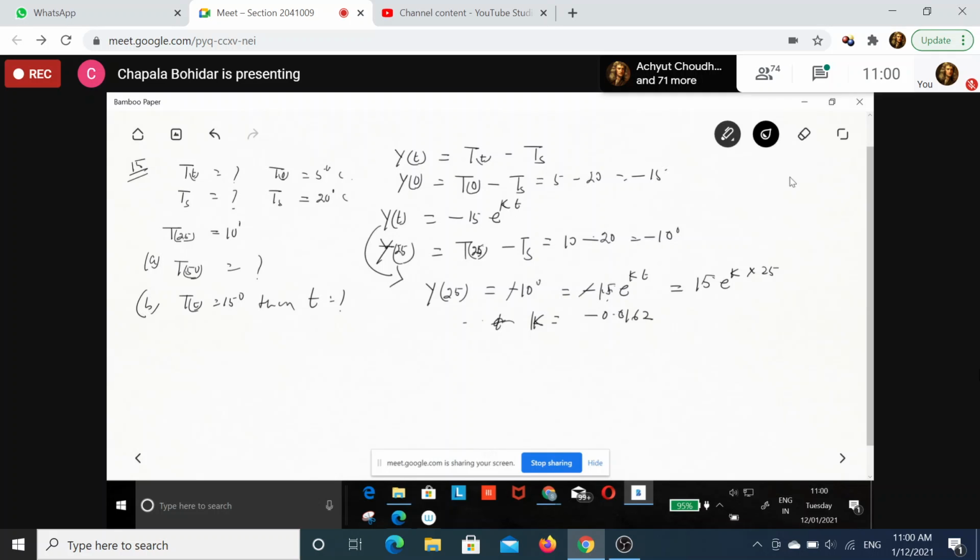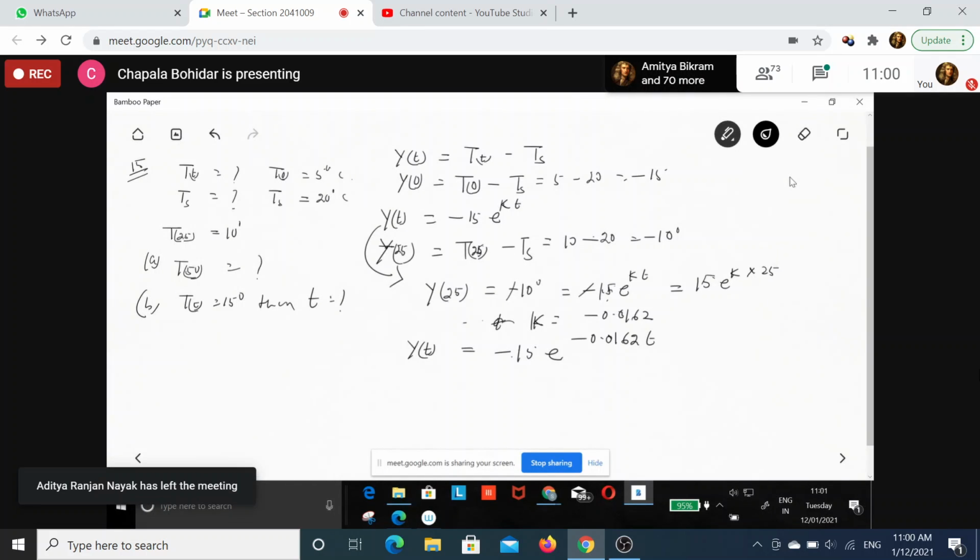So now I can write y(t) is equal to minus 15 e to the power minus 0.0162 t. I can write it like this. So what is the question asking?